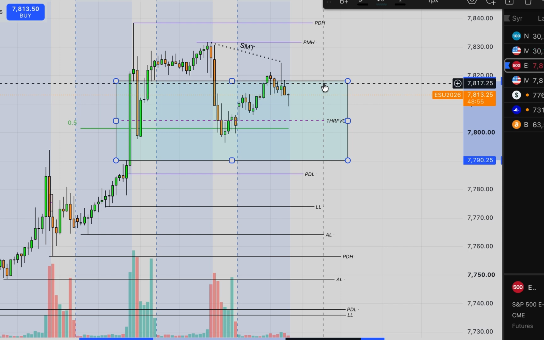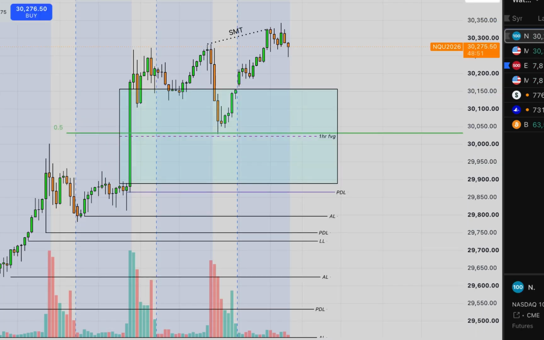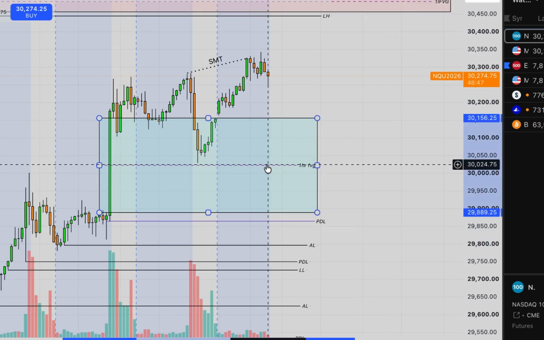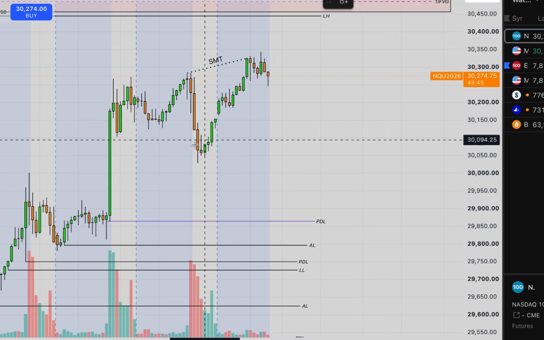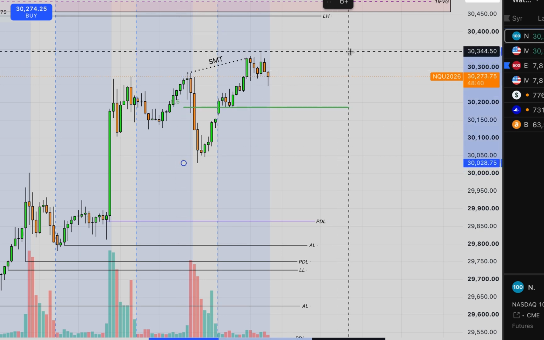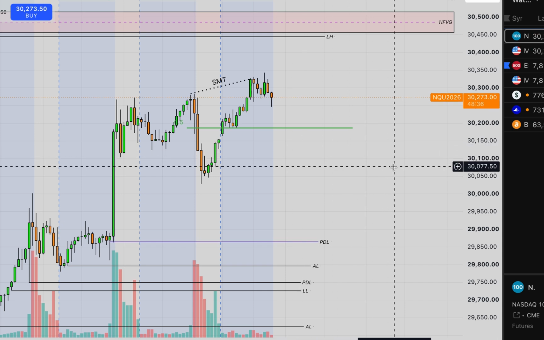So let's look at where we can take this market to today. Obviously we're going to probably need a retracement. So let's get our hourly time frame out for this 50% retracement on NQ.